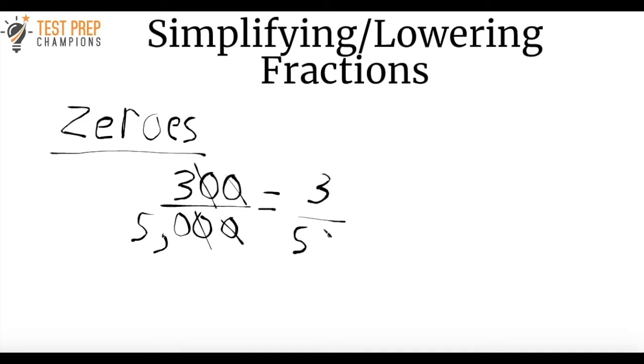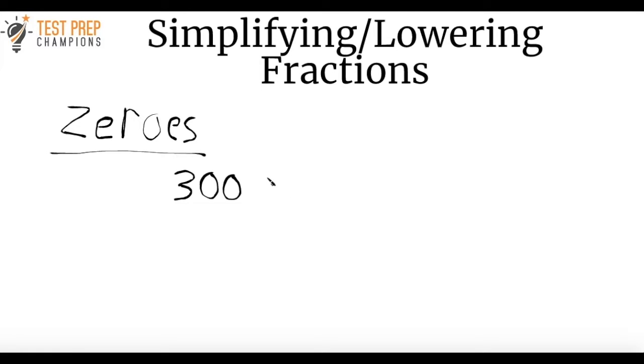Let's look at one more example of this and then we'll move on to the next trick. Let's say that we had 3,000 over, let's say, 40,000. How would we use the zeros trick to simplify this?